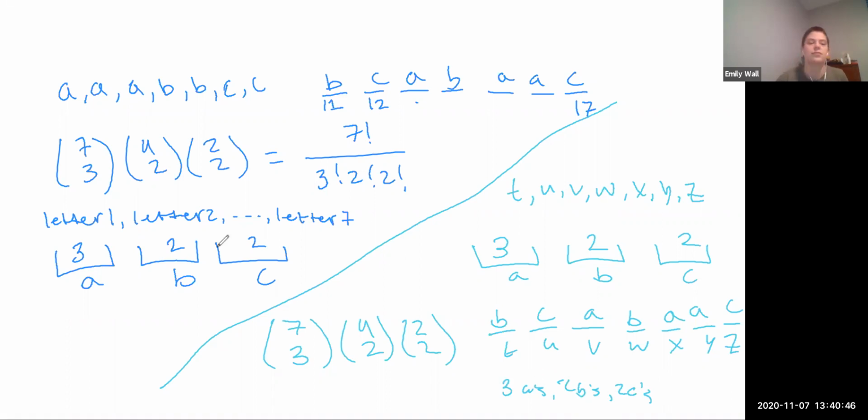This isn't actually any different than thinking about up above how we really have 7 letters and we need to assign them to boxes A, B, or C. Letter 1 goes to B, letter 2 to C, the same as T going to B, U to C. We just gave them more specific names. So we're doing the same thinking, the problem's just kind of disguised.